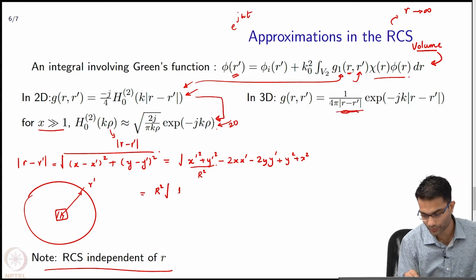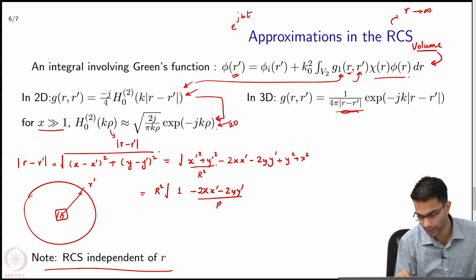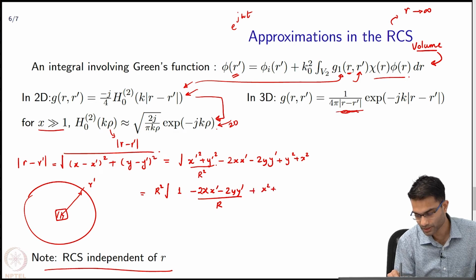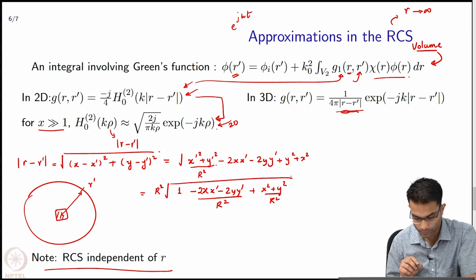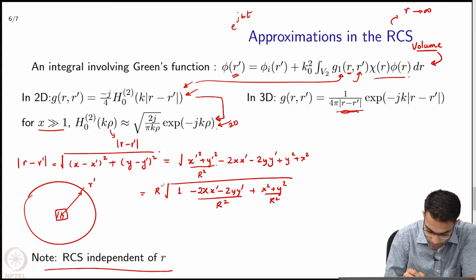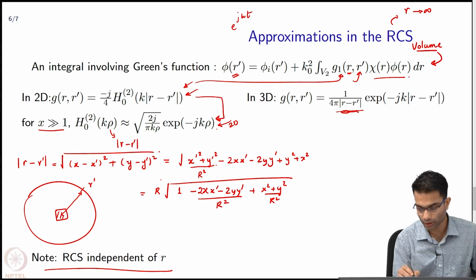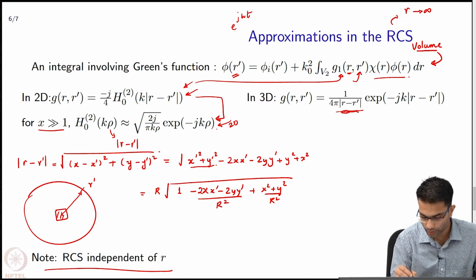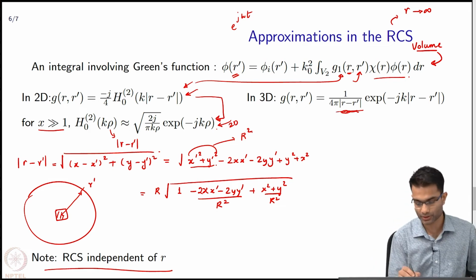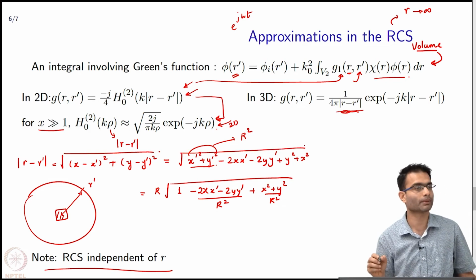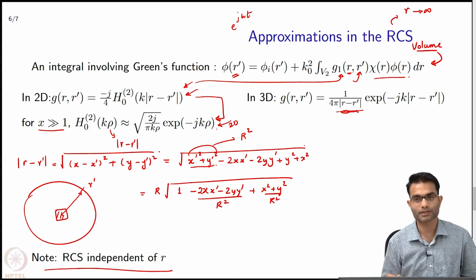Now, I can take this common from here: 2x x prime minus 2y y prime divided by R, plus x square plus y square divided by R square. This should be R, correct. We took R, so this term over here is equal to R squared. So, I pulled out an R from this square root sign over here, right. This R came out from here, and this is the expression that I got.